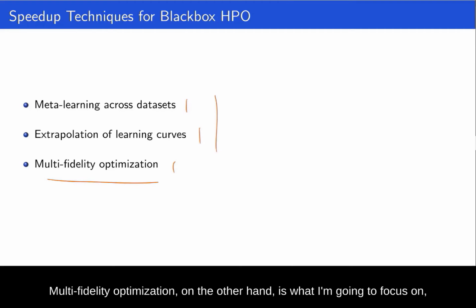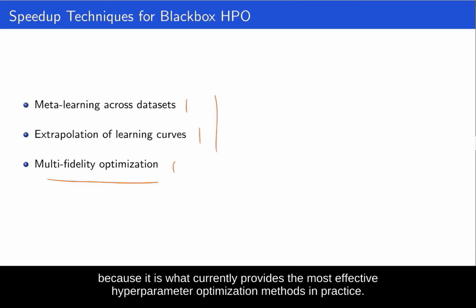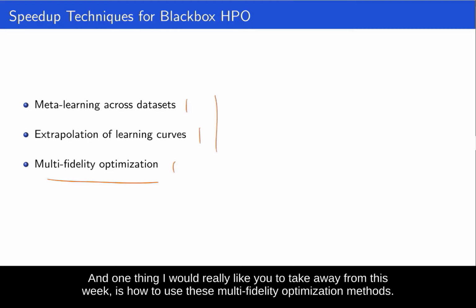Multi-fidelity optimization, on the other hand, is what I'm going to focus on because it is what currently provides the most effective hyperparameter optimization methods in practice. And one thing I would really like you to take away from this week is how to use these multi-fidelity optimization methods.